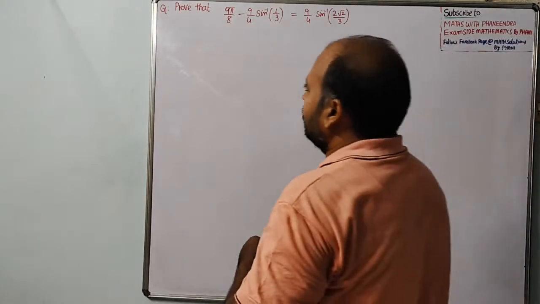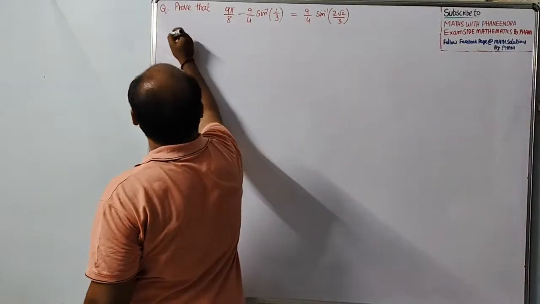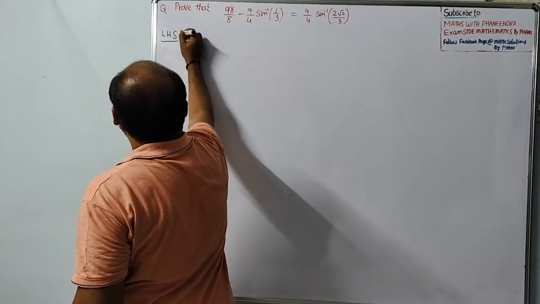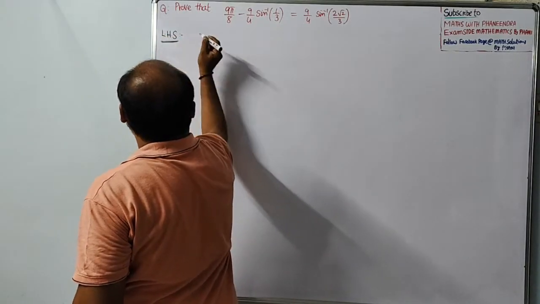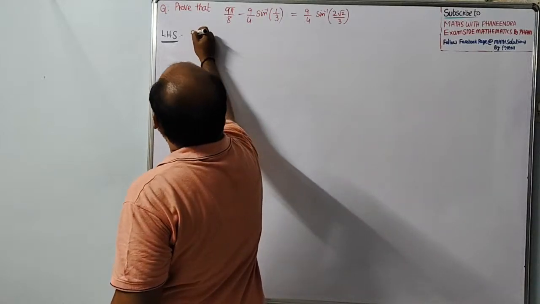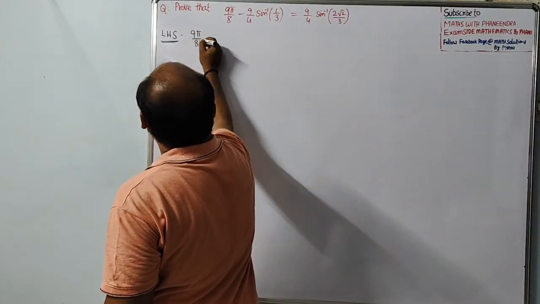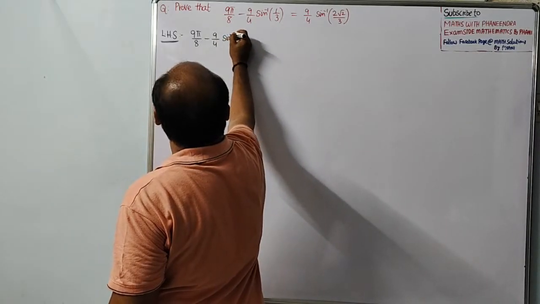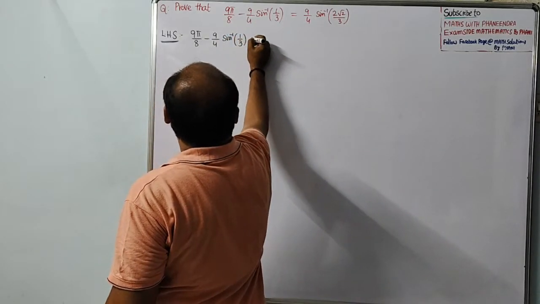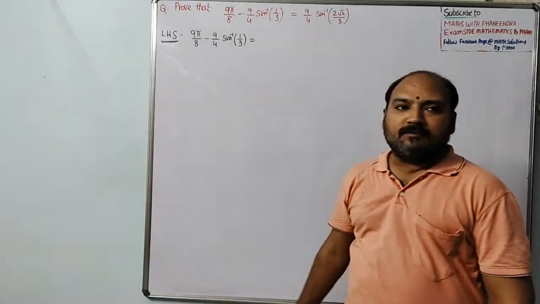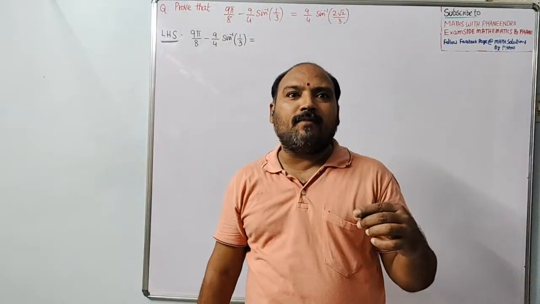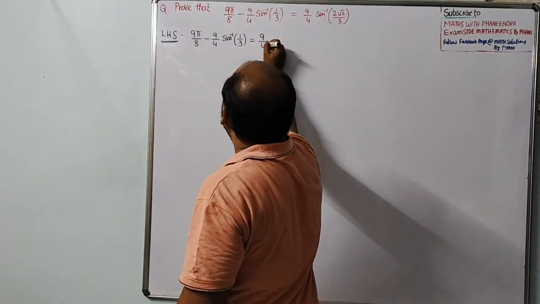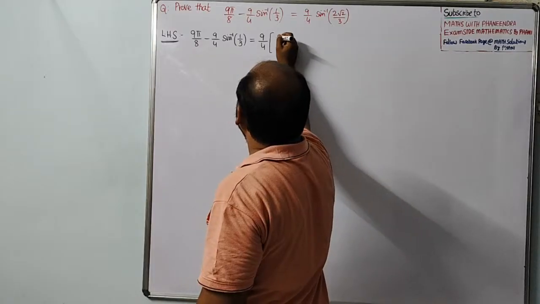So first you have to consider the LHS, dear students. 9 pi by 8 minus 9 by 4 into sine inverse of 1 by 3. From these two terms, if you observe carefully, 9 by 4 is common. So take out 9 by 4 common and write the rest of the terms.